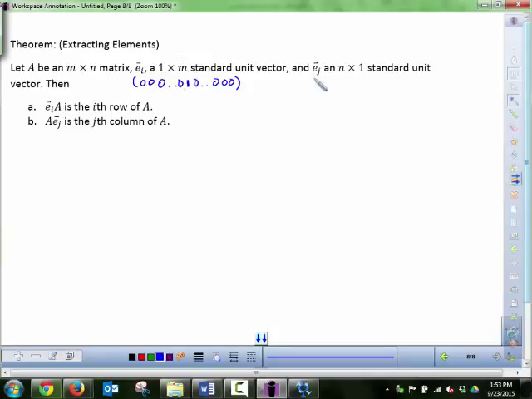And then we could take a look at Ej as the same sort of vector, where it's a column vector with zeros everywhere else except for the jth component.